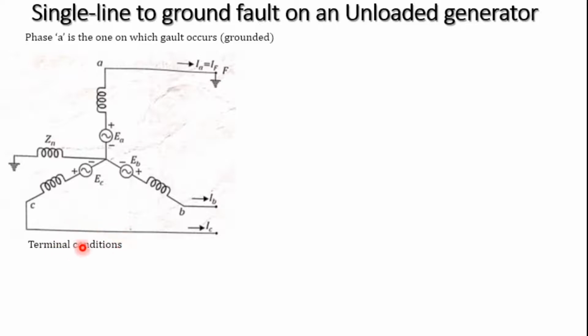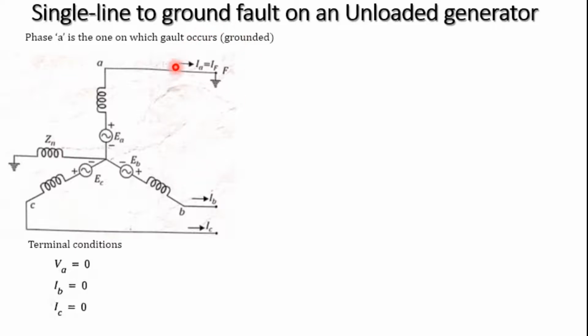The terminal conditions: based on this we can write VA is equal to 0, IB is equal to 0 and IC is equal to 0. So where the fault takes place, if it is grounded, the voltage will become 0, and in the healthy phases the current is going to be 0.